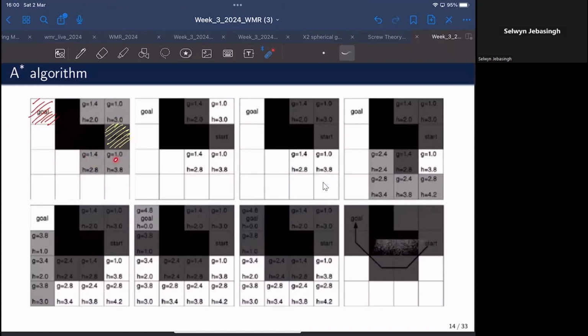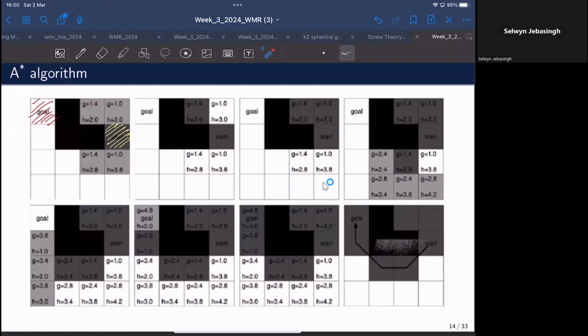And what about this node? So the distance from goal to this node would be 1.4 plus 1.4 plus 1. That will be 3.8. So if you compute the path cost and the heuristic cost of each and every node, you can see which of these cells will give you the least cost, that will contribute to the path from the start position to the goal position.